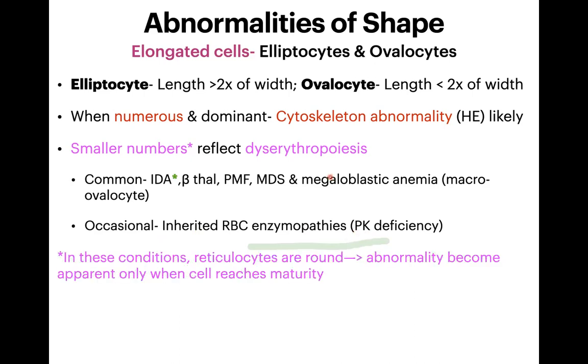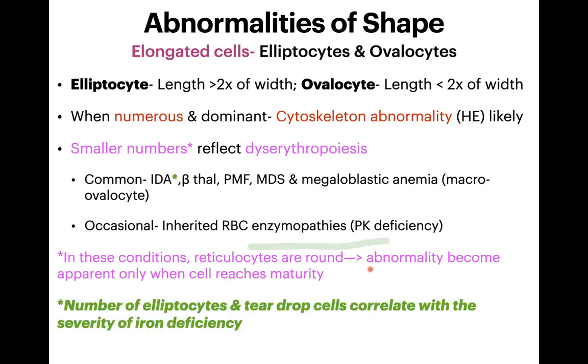In the conditions associated with dyserythropoiesis, the reticulocytes are round. That indicates that this abnormality becomes apparent only when the cell reaches maturity. The reticulocytes are not elongated; they are round in shape. About iron deficiency anemia, the number of elliptocytes and teardrop cells correlates with the severity of iron deficiency.